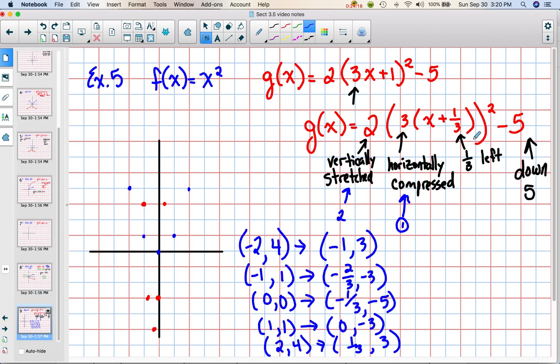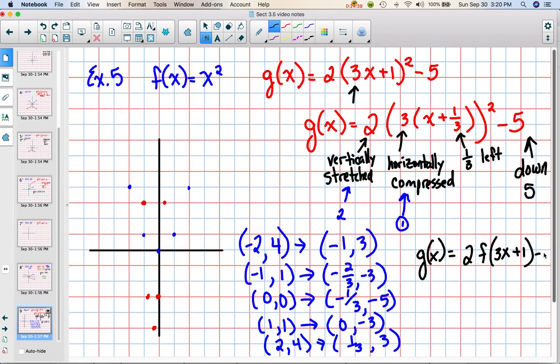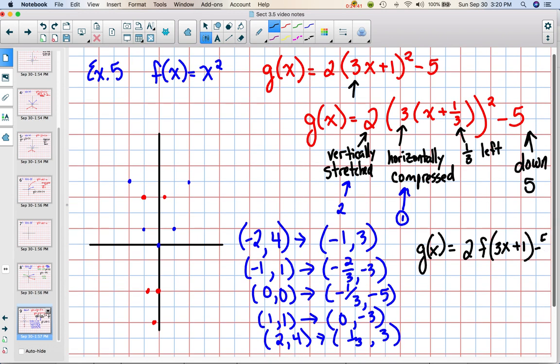So if you were going to relate these two functions, we would have g of x equals 2 f of 3x plus 1 minus 5, and that's what that would look like.